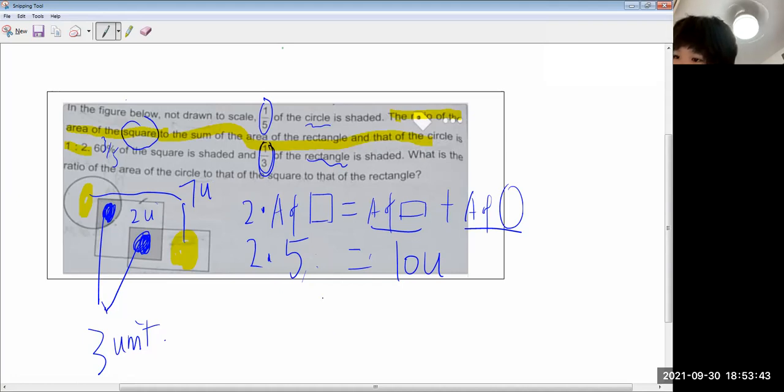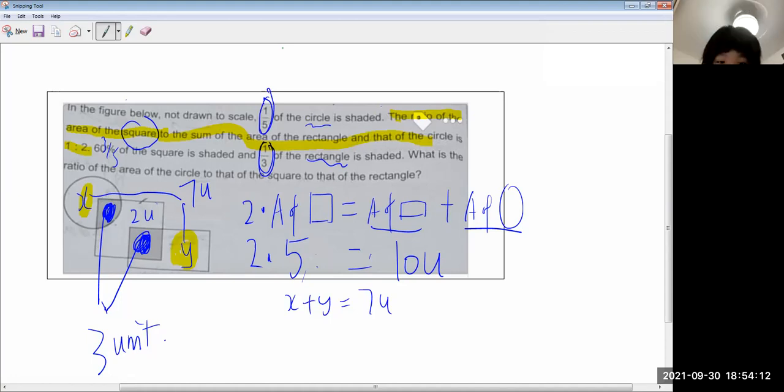So what I'm going to do is I'm going to form an equation. I will call this my portion X. I will call this my portion Y. So X plus Y is 7U. So far so good. And now over here it says this 1/5 of the circle is shaded.